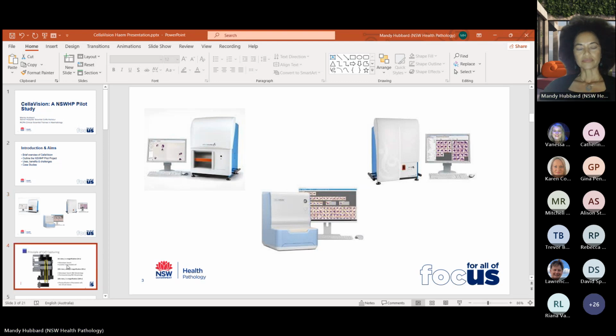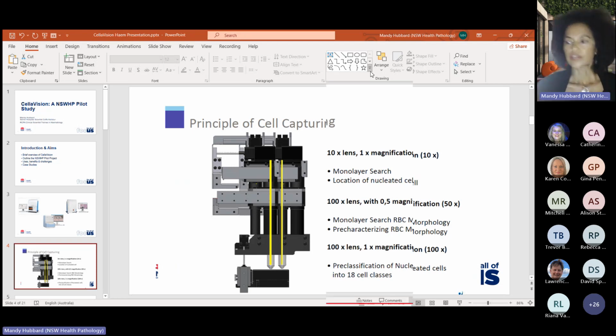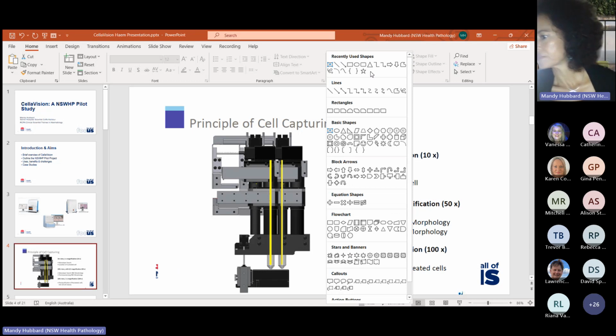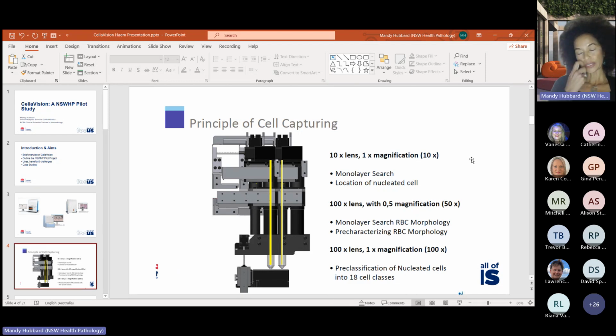So how does CellaVision do its thing? This cartoon is what is inside the larger analyzers, so that's the DM96 and the 1200. We have two objectives: a 10 times objective and a 100 times objective.